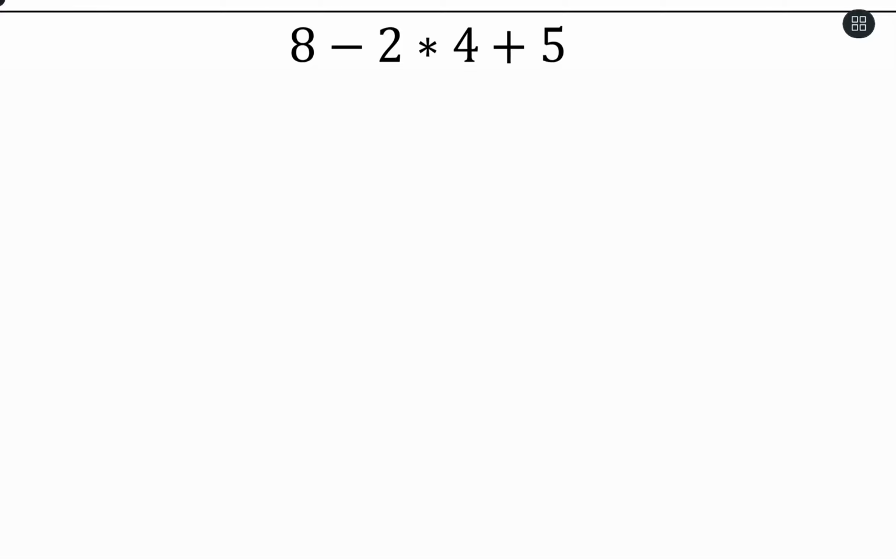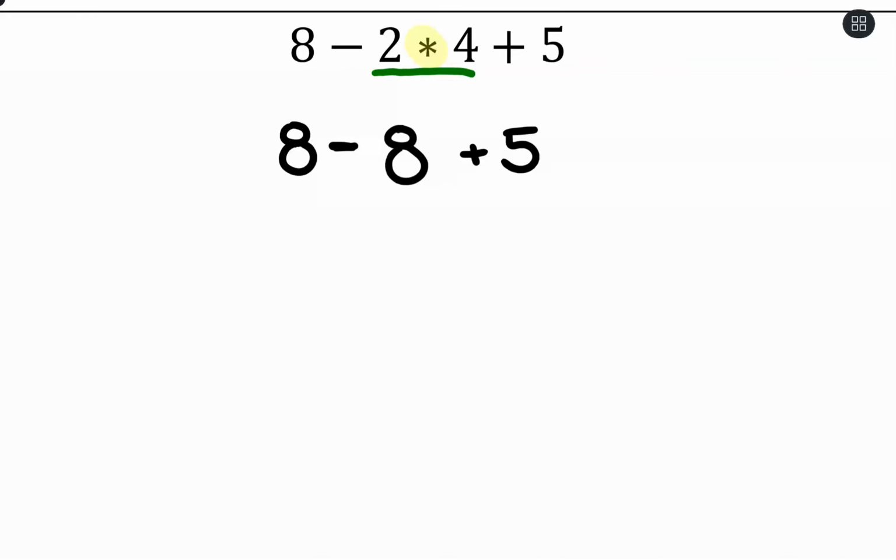So now we're at the multiplication division stage, and that's happening right here. So we want to focus on simplifying this 2 times 4. 2 times 4 is 8, and then we just keep the plus 5.